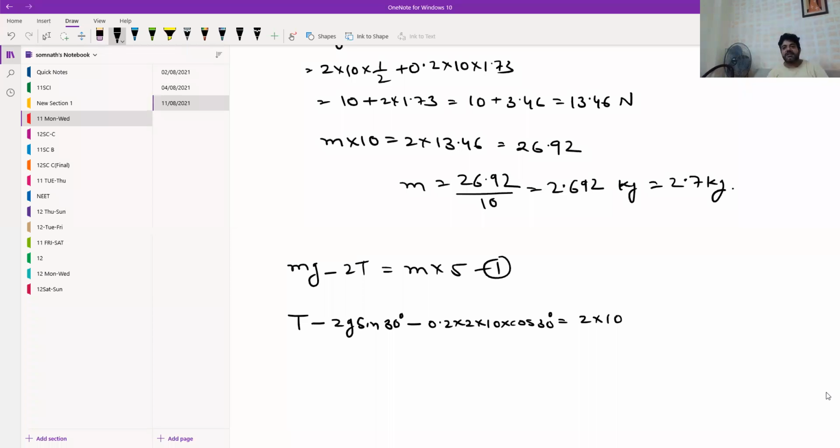So first let's calculate that part. So tension minus 2 into 10 into half, minus 0.2 into 2 into 10 into root 3 by 2. I can cancel this 2, equals 20.